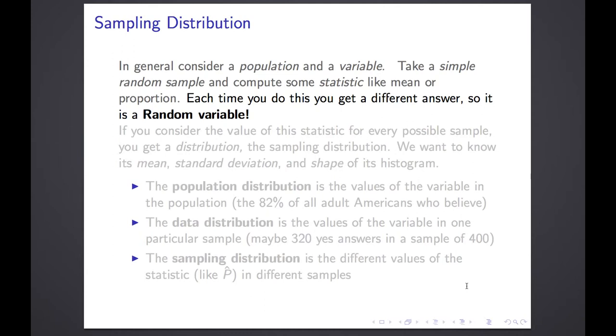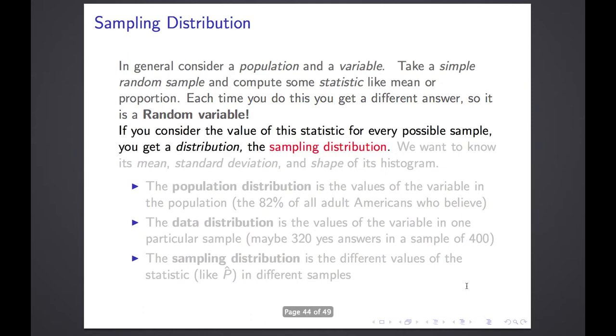We're going to talk about this all the time. That random variable, its distribution, is always called a sampling distribution. And when we talk about the standard deviation of a sampling distribution, we remind ourselves that it's this funny distribution by calling it standard error instead of standard deviation. That's just what people do. And in general, we're going to be interested in its mean, its standard deviation, and its shape.